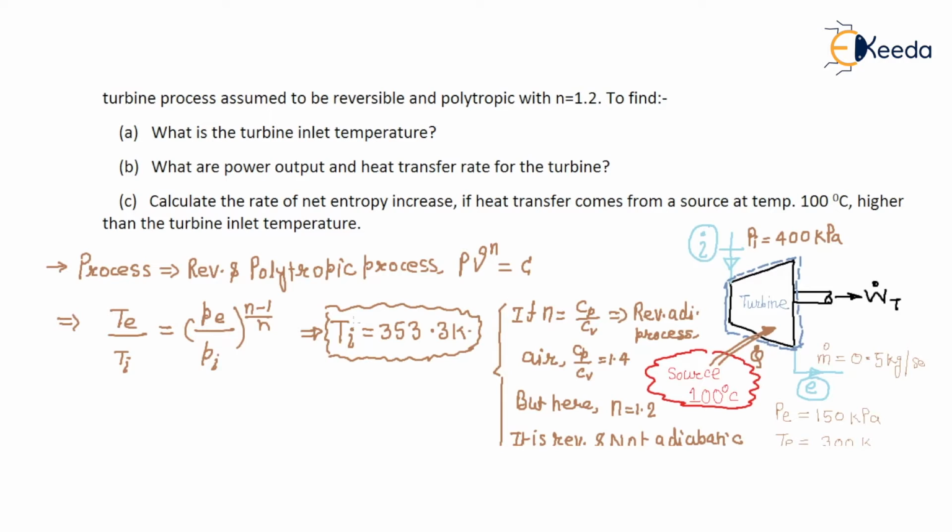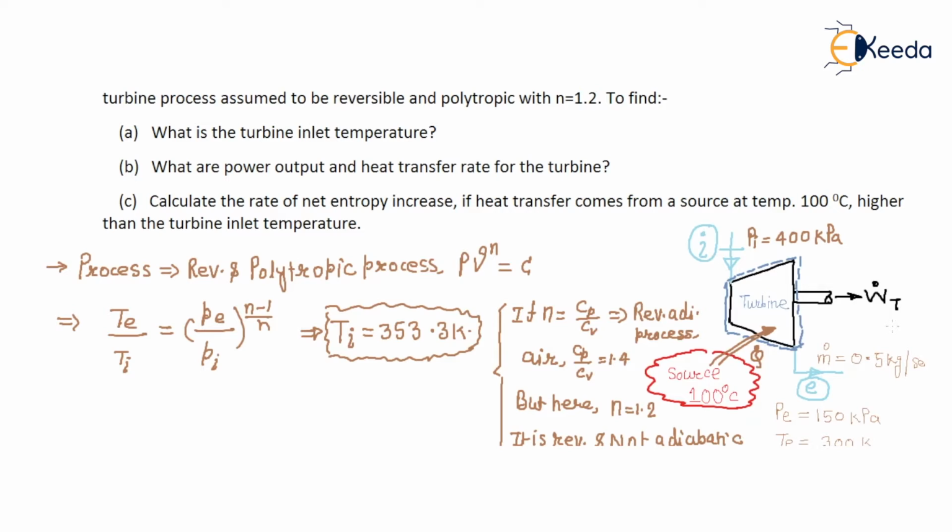Now the second question: what are the power output and heat transfer rate from the turbine? For power transmission, that means work transmission, always keep in mind, when a problem asks what is the power output, what is the work transfer, go through the first law of thermodynamics.